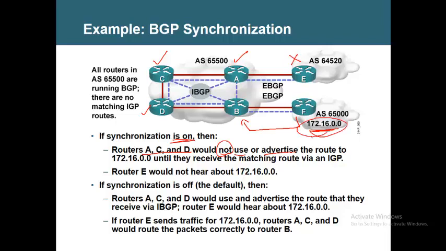You got my point? E will never hear about this network because the synchronization rule says whatever B gives to D, C and A, they are not supposed to use until they receive the same matching network via OSPF.